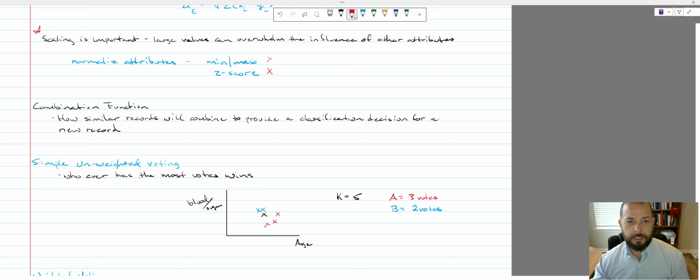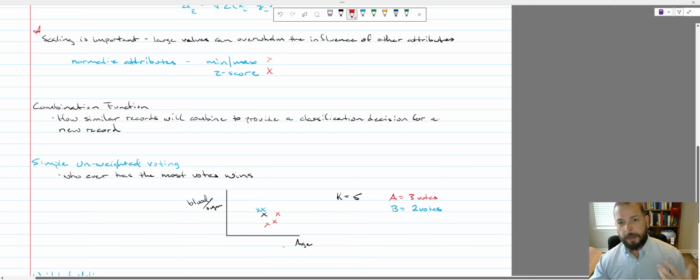So if I go back to my example with two attributes, blood sugar versus age, say I have two instances of when we gave drug B and three instances of when we gave drug A. Our new patient comes in, and their blood sugar level and their age end up being right here in the black.